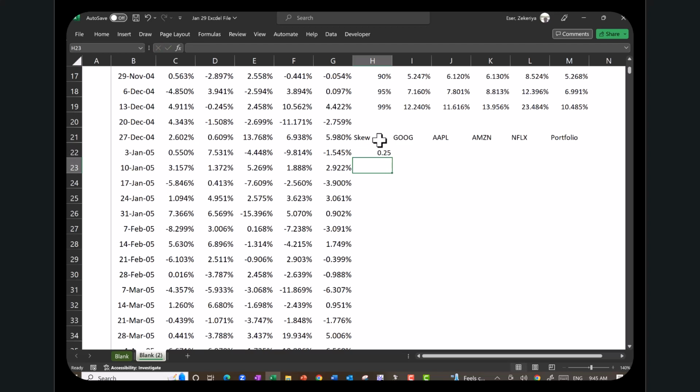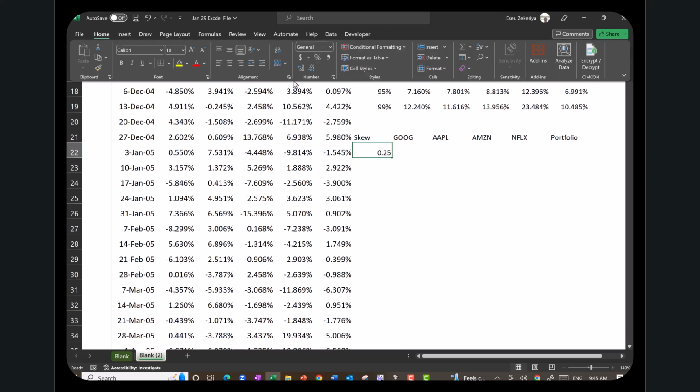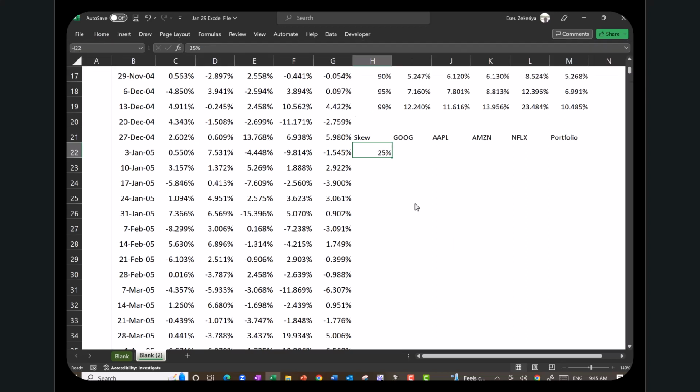That's the reason I put that in there, because we're going to look at variations on the Galton skew measure.